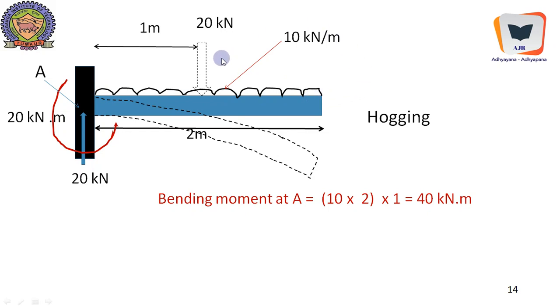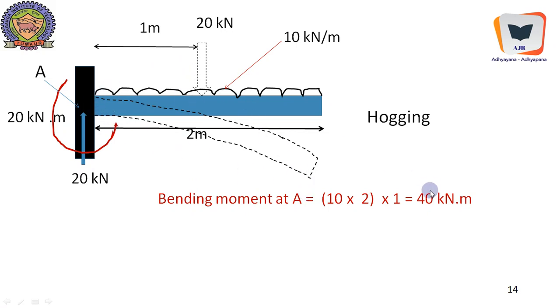We convert that into a concentrated equivalent load, that is 10 into 2, that is 20 kilonewton acting exactly at the center. Therefore, the moment arm is 1 meter. This will generate 20 into 1, 20 kilonewton meter of bending moment, and this is the reaction, of course. Therefore, this reaction and the bending moment from the top will make the beam hog.